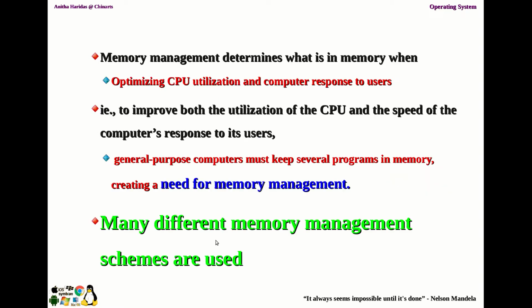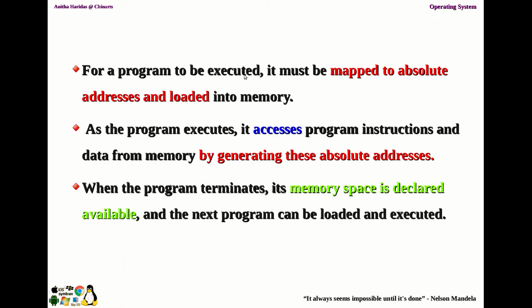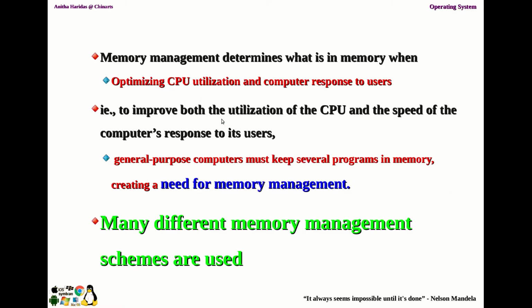In that way, memory management not only does the mapping and reclaiming, it determines what is in memory when, optimizing the CPU utilization and computer response to users. This is very, very important. The memory management will determine what is in memory and when it is to be loaded into the primary memory.